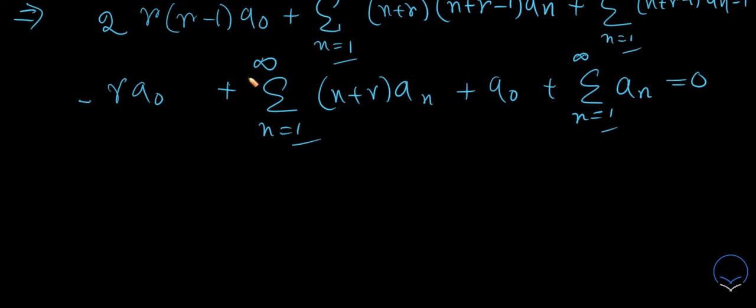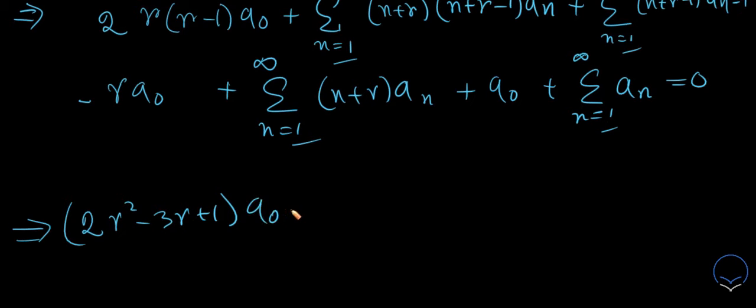So after simplification, that is, just one line of algebra, you multiply r with r minus 1 and all that, and you bring the terms that come with summation and don't come with summation together. You will have 2r square minus 3r plus 1 times a0.